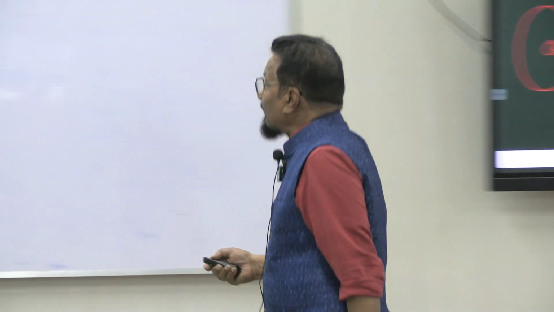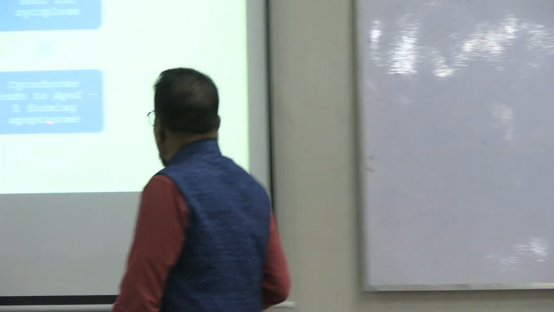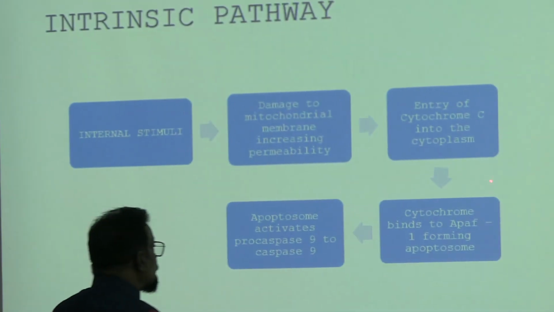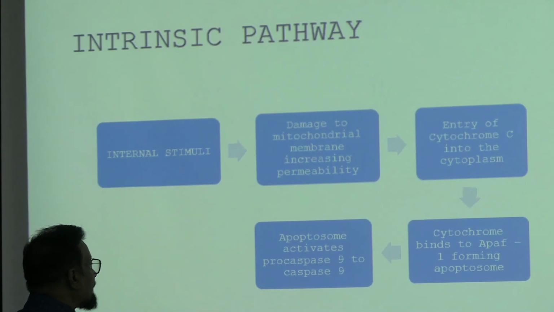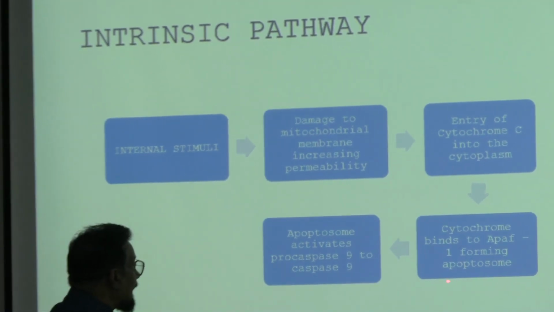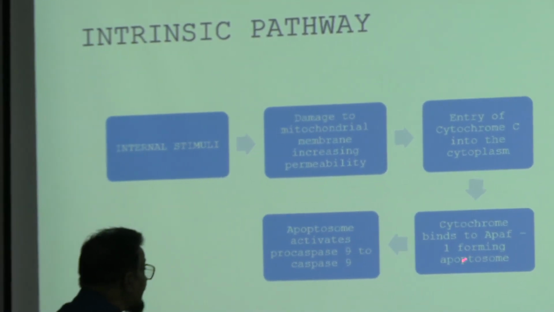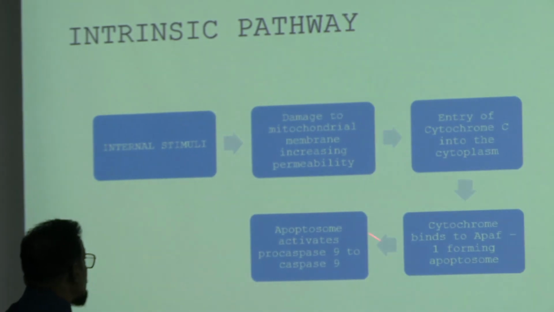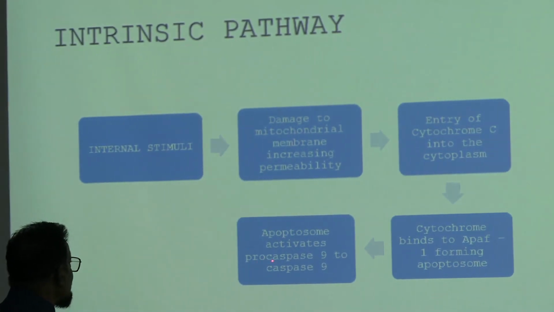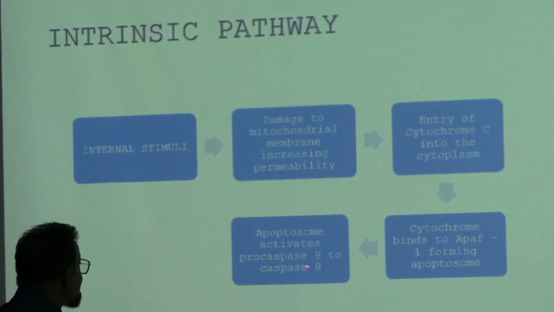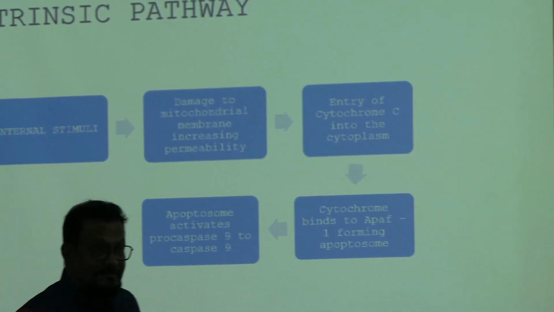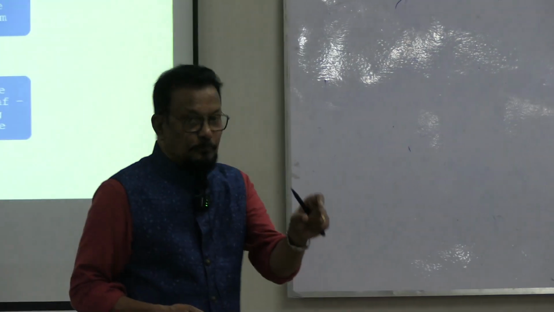So, entry of cytochrome C into the cytoplasm. Now the cytochrome binds to APAF, another factor, forming an apoptosome, and this will cause activation of caspase. As I said earlier, caspase will initiate apoptosis.